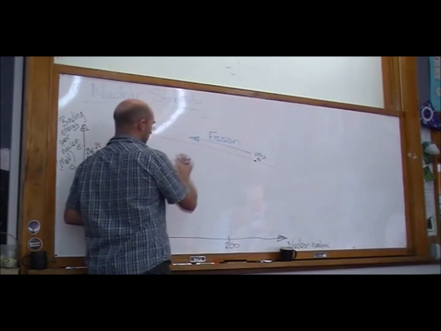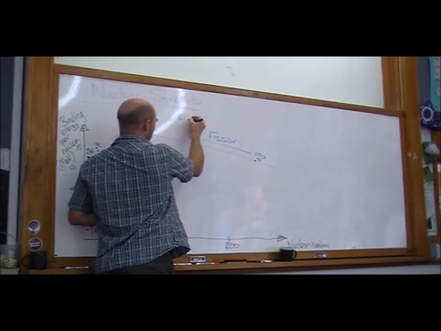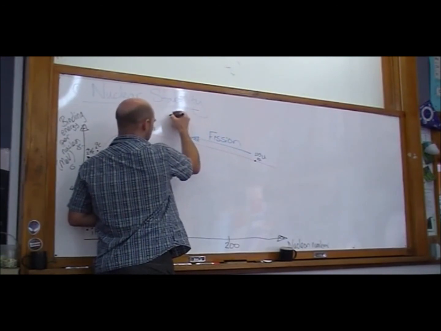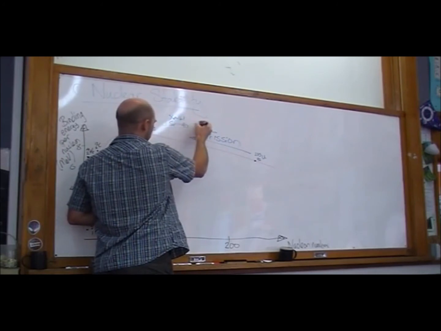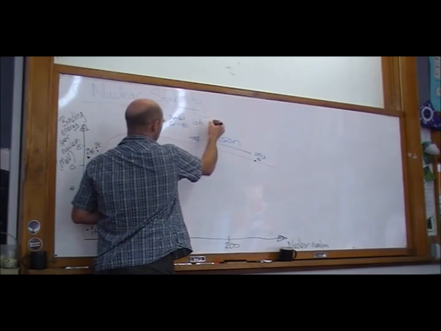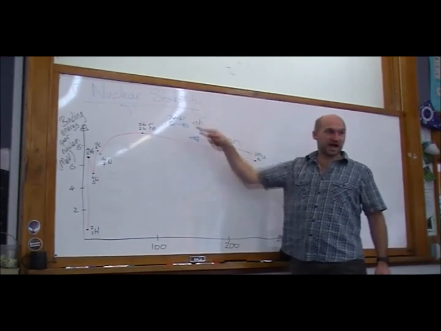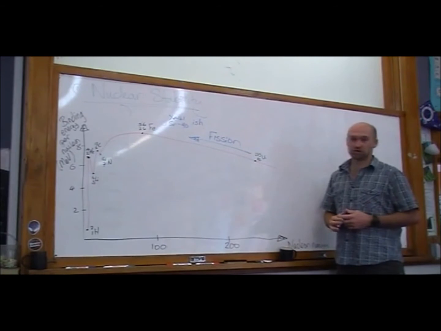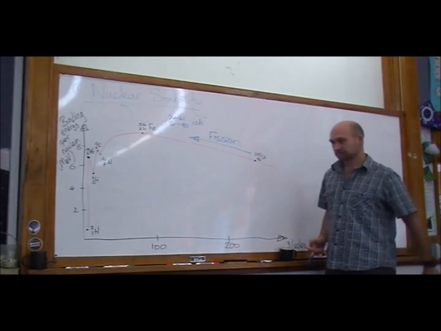Fission is moving that way, and we end up at something like xenon-141 and strontium-90-ish. When we have fission, it tends to split into two slightly uneven daughter nuclei, plus a few more spare neutrons. We'll talk about that later.